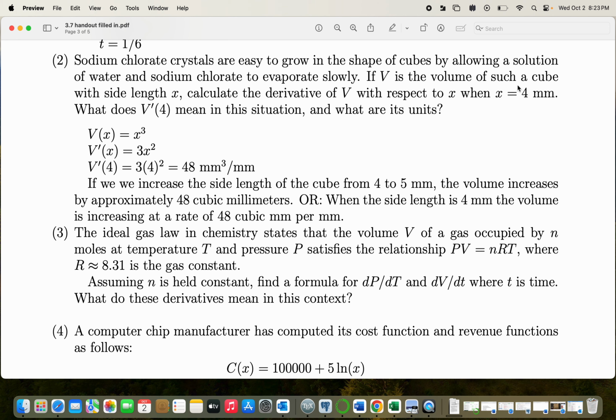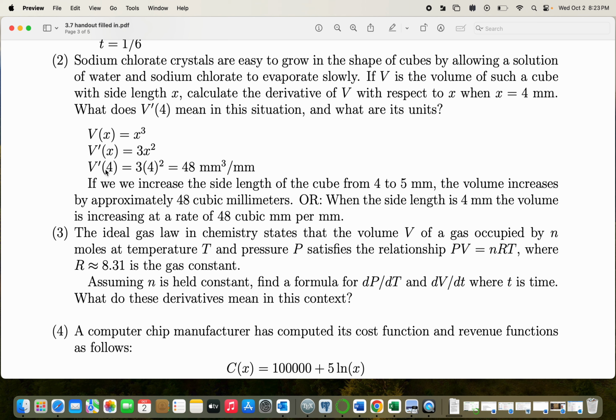The math sees cube. I know the volume of a cube, so V of x is x cubed. The volume is x cubed, so I can measure the rate of change of that. So V prime is 3x squared, and you can plug in a 4. When x equals 4, you get 48. And notice the units here are kind of wacky. Volume is measured in cubic millimeters in this question, and x is measured in millimeters.